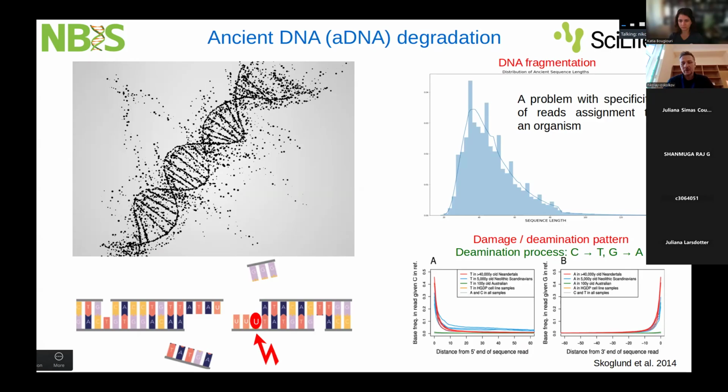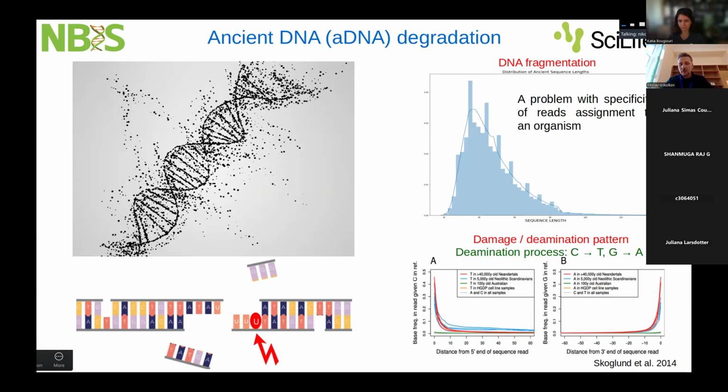On the other hand, it gives you a very unique way to authenticate your reads. People found out a long time ago that this increased frequency of transition mutations at the ends of the reads is a unique and very reliable way to disentangle modern reads and ancient reads.